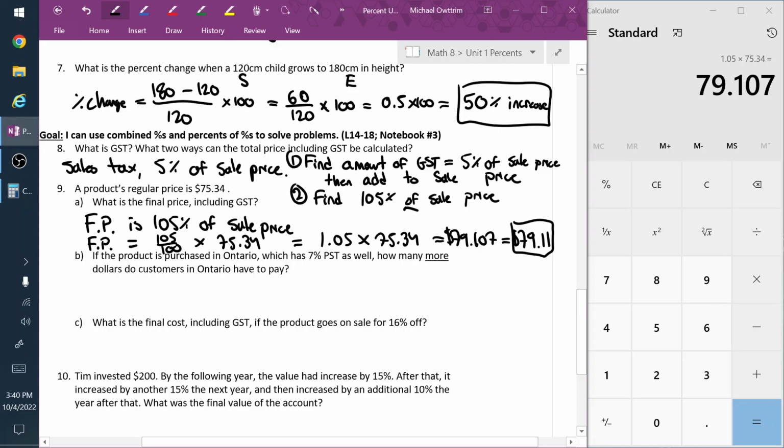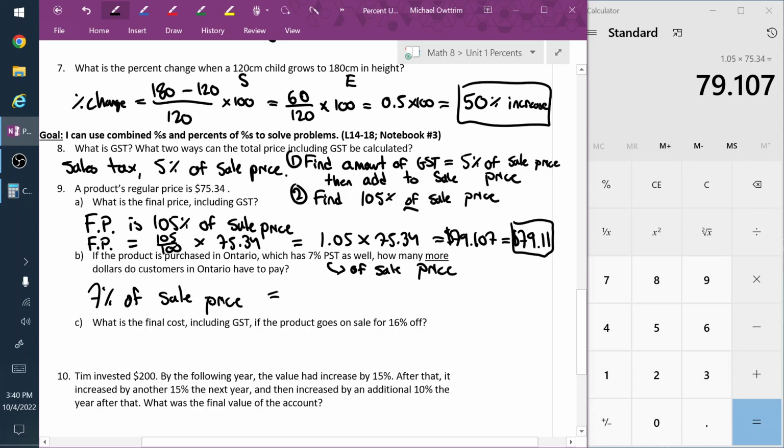Now, if the product is purchased in Ontario, that has an extra 7% PST as well. So that 7% PST is a provincial sales tax. It's still of the sale price. So we're just going to find 7% of the sale price.